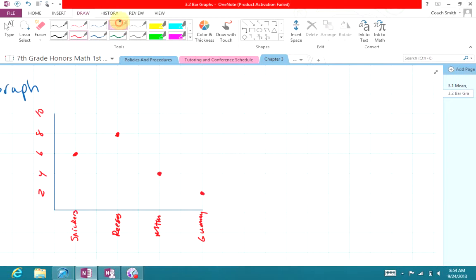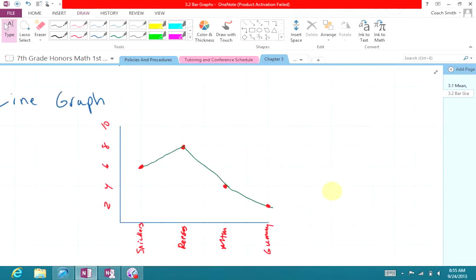Now I'm going to take and just simply connect the dots with the line. Okay?